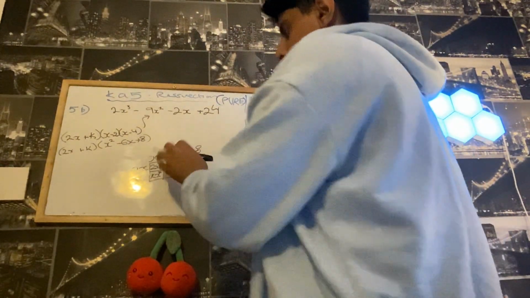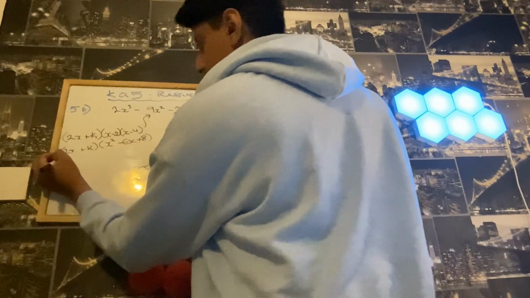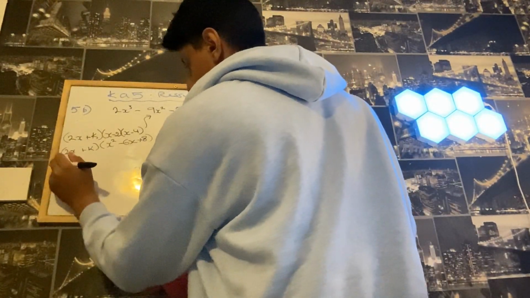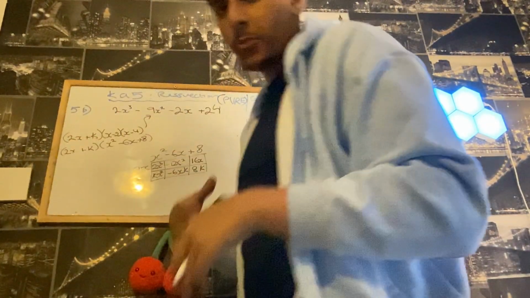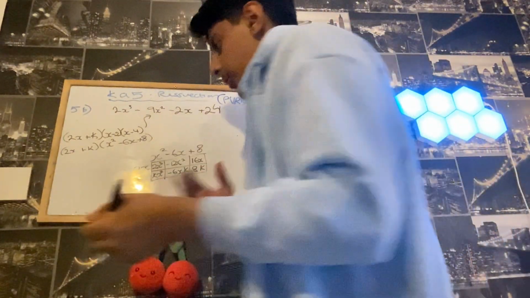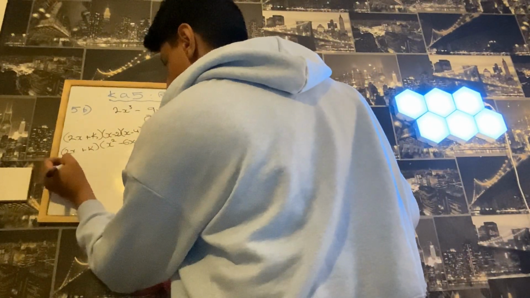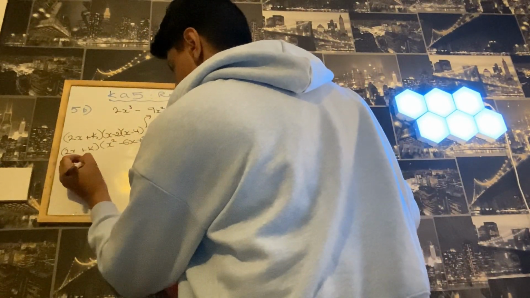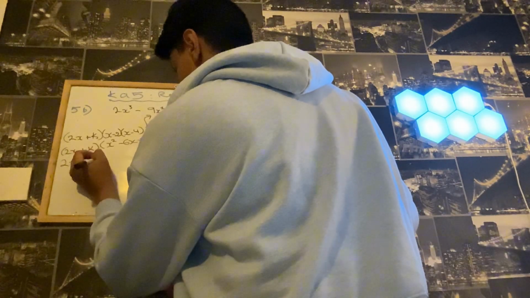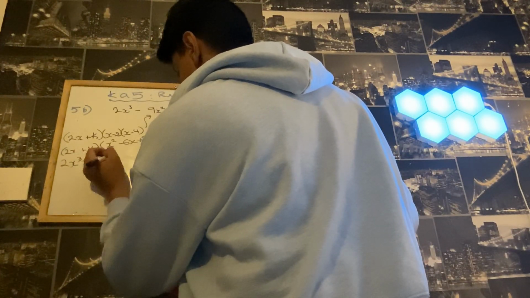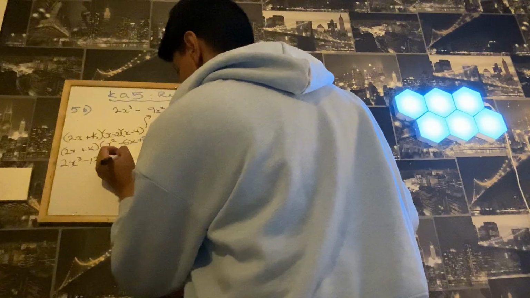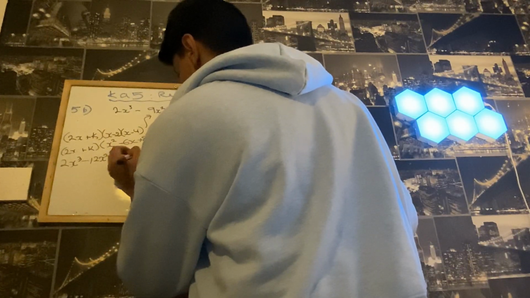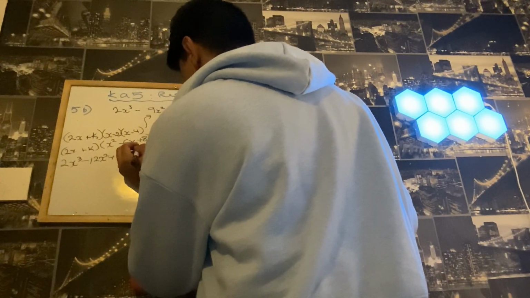Okay, so that would be our answer for this one. I'm going to remove the bracket now because we've multiplied it. If we multiply something fully, we don't use the bracket anymore. So 2x cubed minus 12x squared plus kx squared minus 6k.